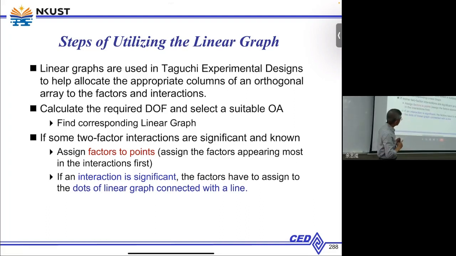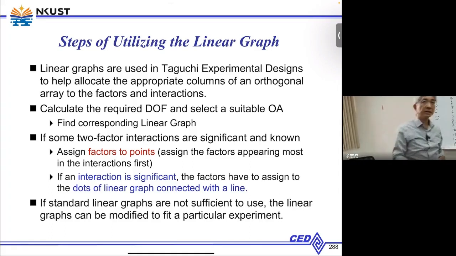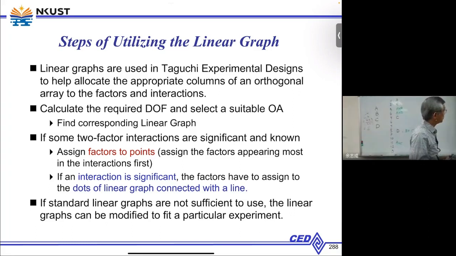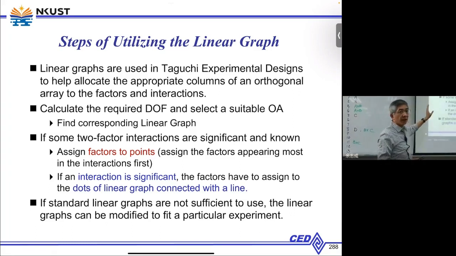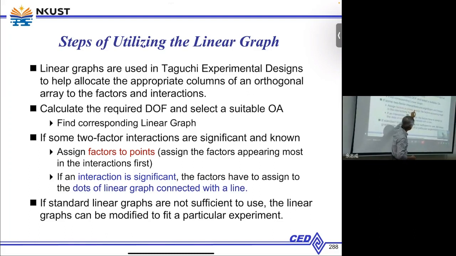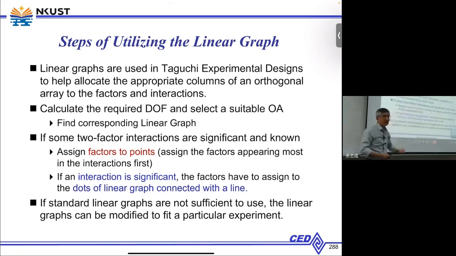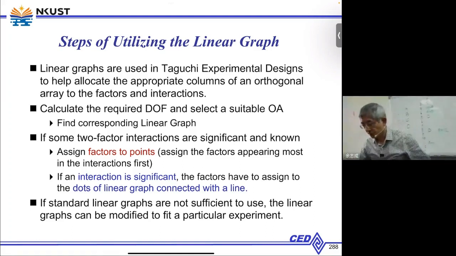Right? Okay. So there's a suggestion first. If you want to analyze some interaction, you should assign the factors to the point, especially the factors that happen most in the interactions.